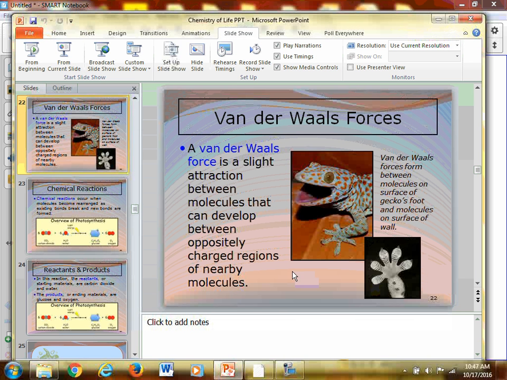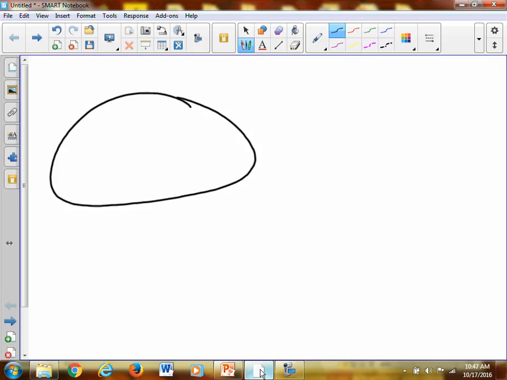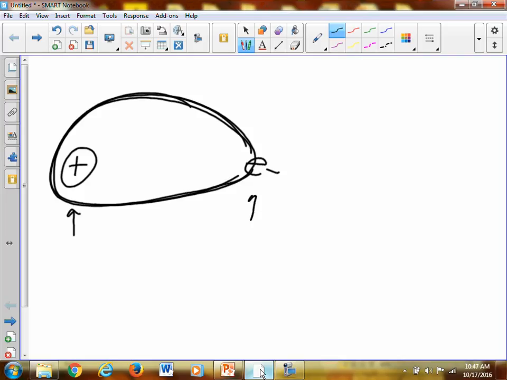And I'm just going to show you in a drawing, the same drawing that I had done the other day, where if we've got one atom, and remember the orbit is part of the atom, but the nucleus is here with its positive protons, and this outer line represents the orbit. So out here, we'd have our negative electron, and actually it's orbiting like this, right? But it creates in this one atom kind of a positively charged area and a negatively charged area.